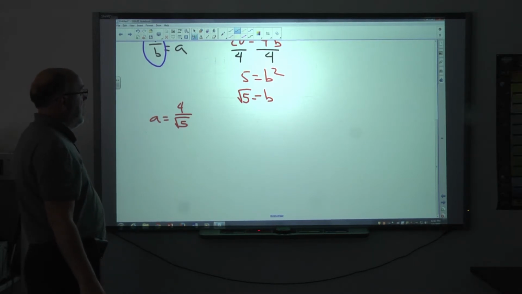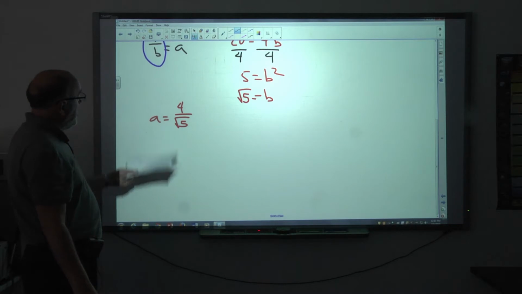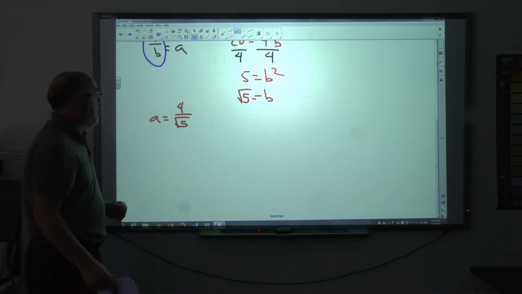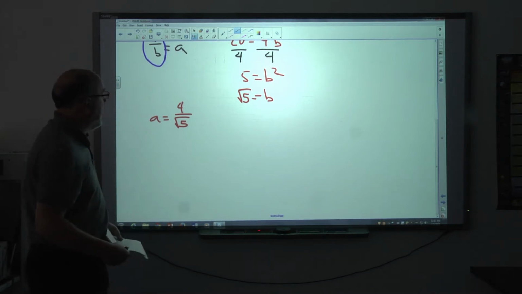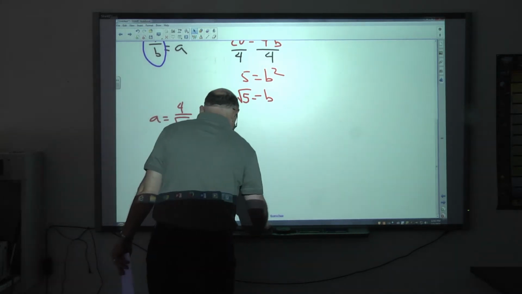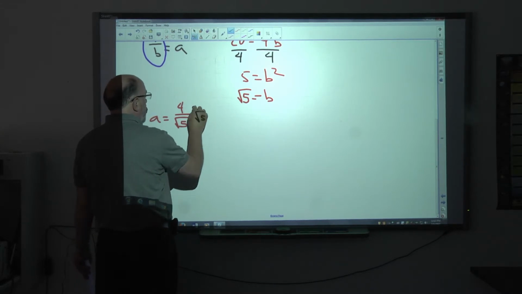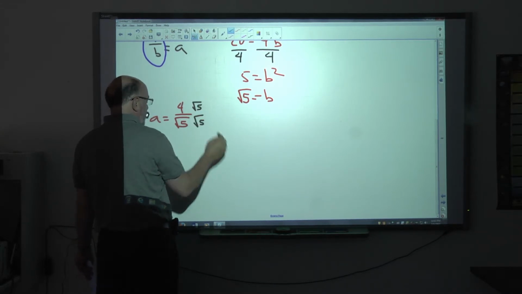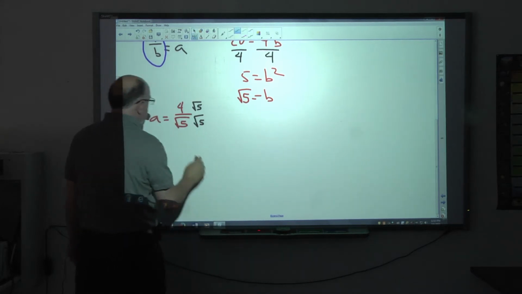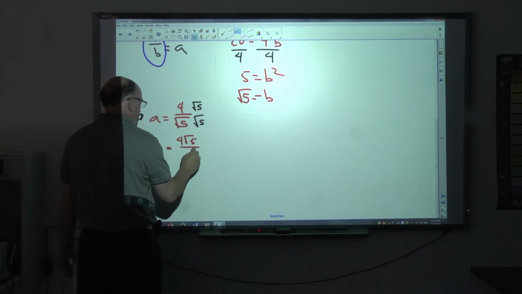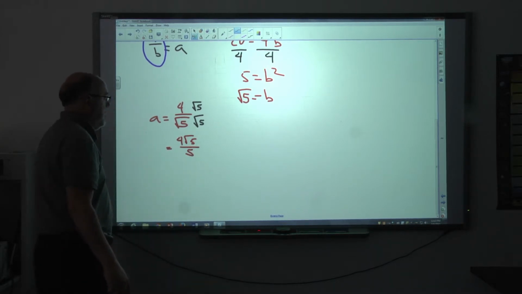So we get in terms of that. Technically, you're not supposed to have radicals in the denominator, so we would have to rationalize our denominator. I can do that by multiplying top and bottom by the square root of 5. And so we get 4 square root of 5 over 5.